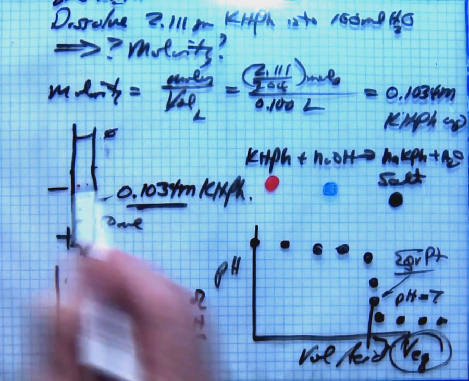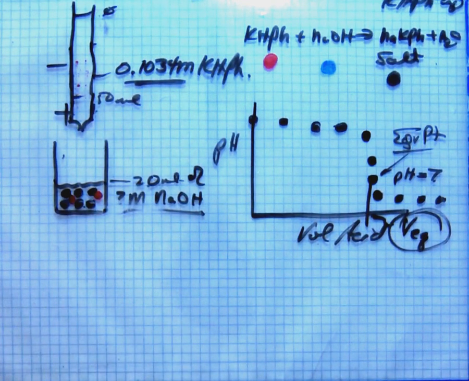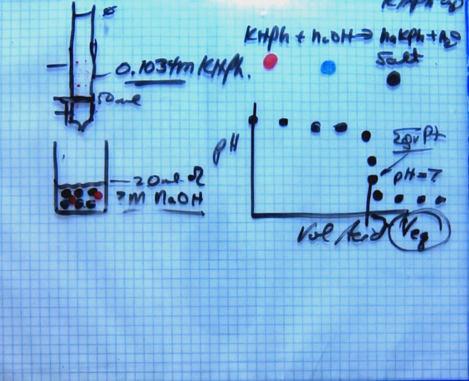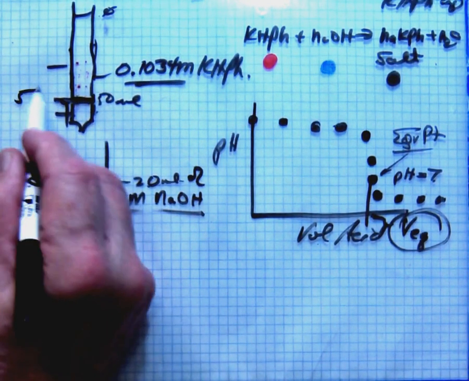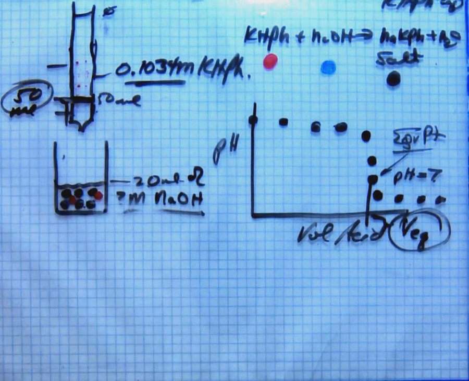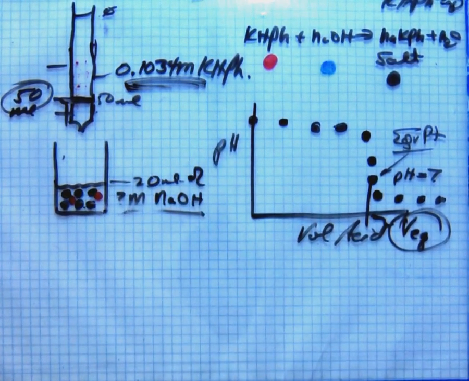So let's say we're close to 0.25. We've got 20 mils in there. Say we added all of the KHP in here, and we hit the equivalence point at 50 mils. Okay? You know the concentration of the acid.